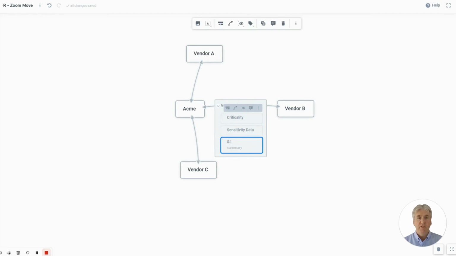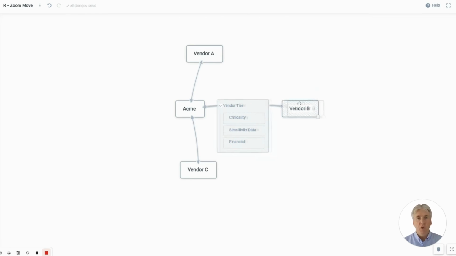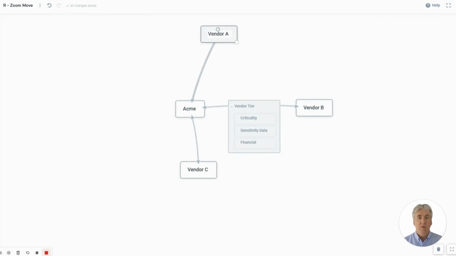So how much money are we potentially at risk of losing if that vendor is adversely impacted and unable to deliver services to Acme? Normally, you would then look at adding that distinction to all of Acme's vendor relationships, applying the tiering to understand what those vendors do for Acme and how important they are to Acme's business operations. For this example, though, we'll just do it for this one relationship.